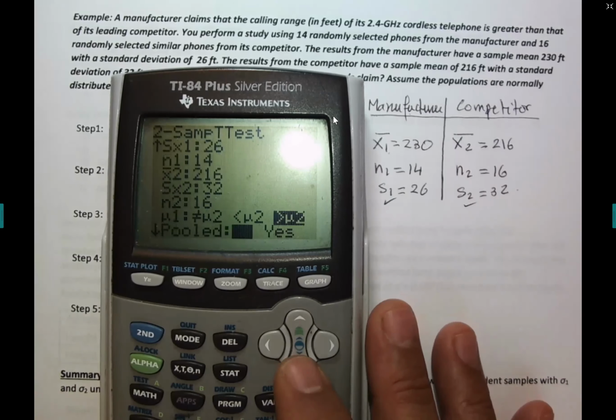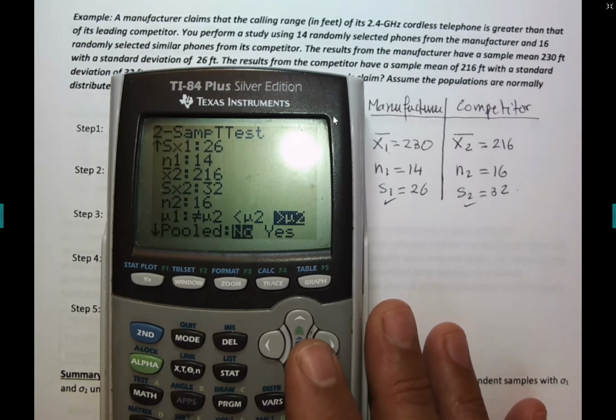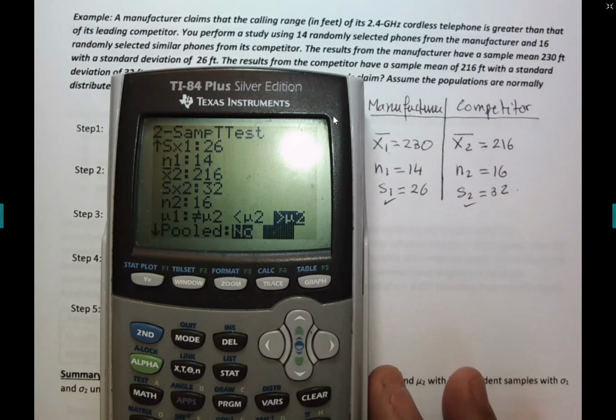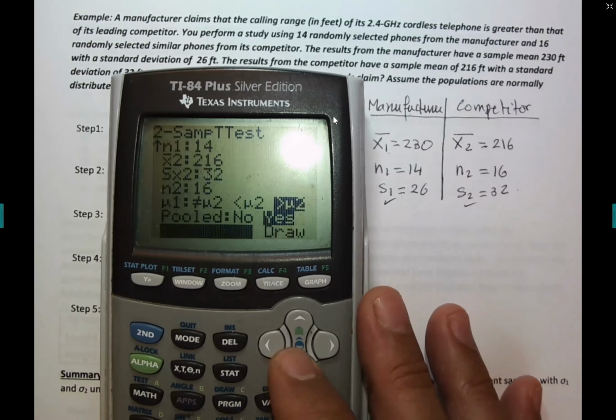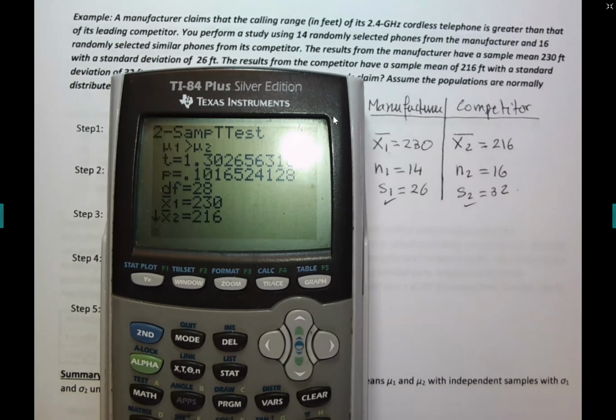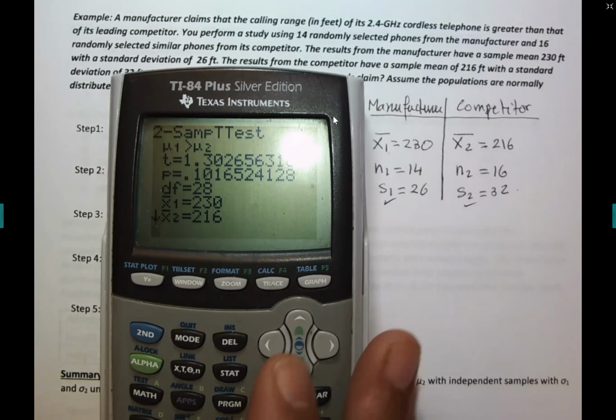And then here, pooled. He says population variances are equal. Assume they are equal, so you must select yes. And when you select yes, you must press enter, guys, to make the selection effective. Now it is effective. And calculate. And here you go. T is 1.303 with 3 decimal places, and the p-value is 0.1017.